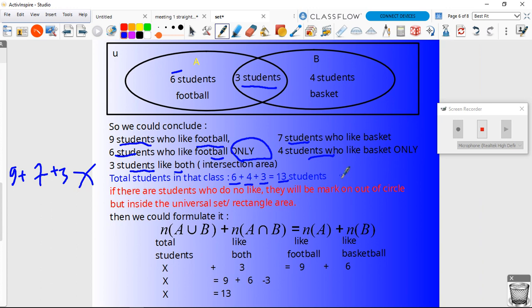So this is the correct counting for how many students are in that class. If maybe there is someone who does not like football or basketball, they will appear outside the circle. That belongs to the universal set, but outside the circles.